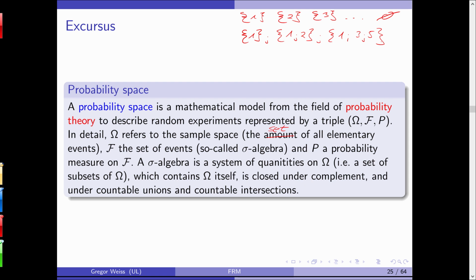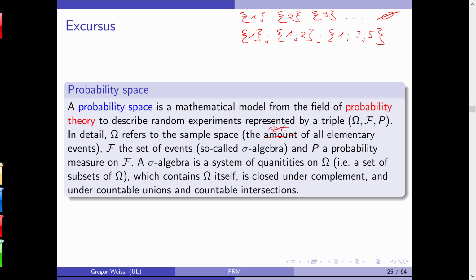It simply means that if you take the intersection of two events, and if you take the union of two events, the result is also included in the sigma algebra, in this set. And this is a sigma algebra. What does it mean?